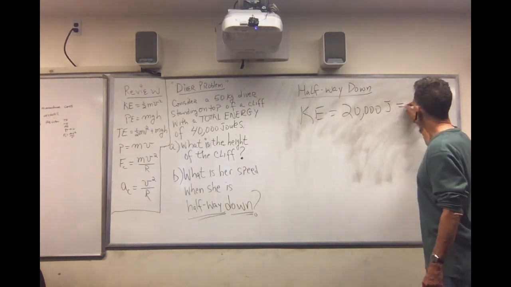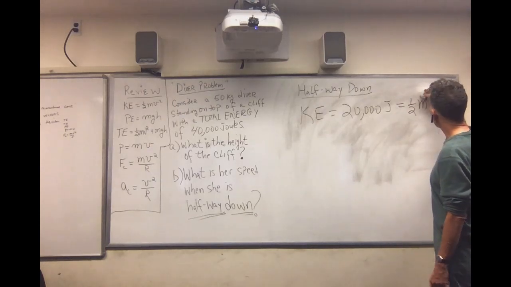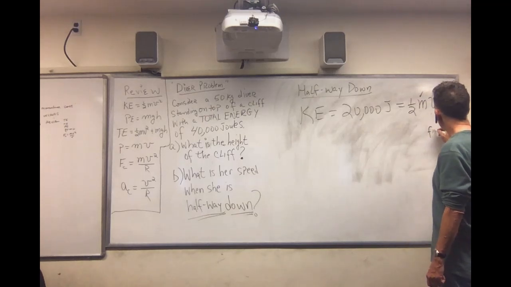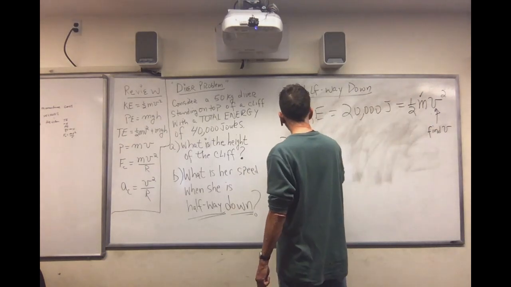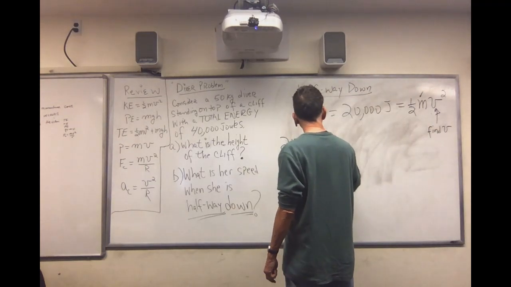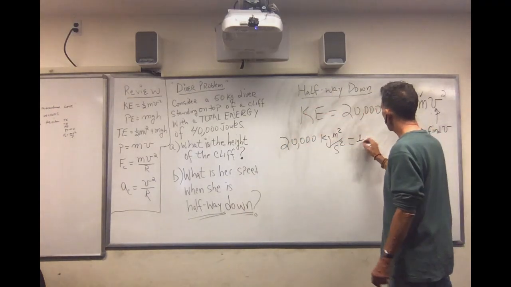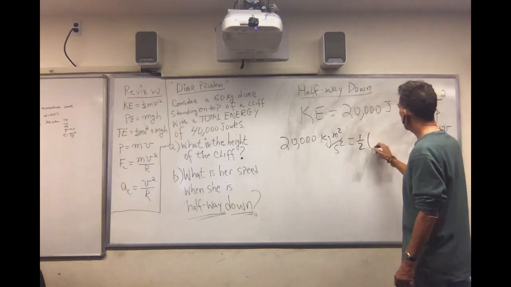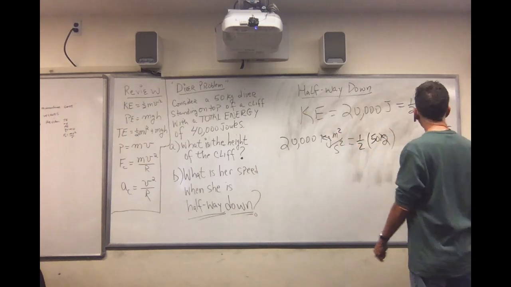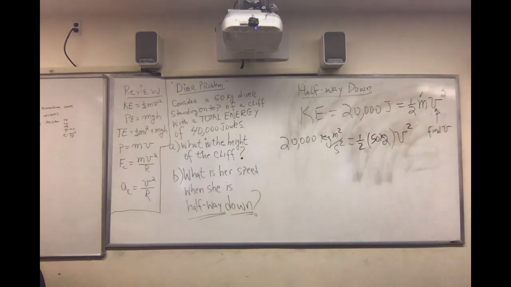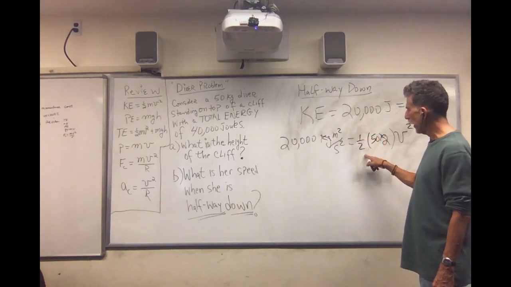And that must be equal to 1/2 mv squared. Once again, we know the mass, we need to find v. 20,000 joules, kilogram meters squared per second squared is equal to 1/2 times 50 kilograms. We take kilograms out, times v squared. I'm going to multiply both sides by 2, get rid of the half.